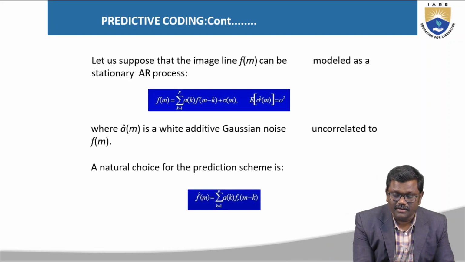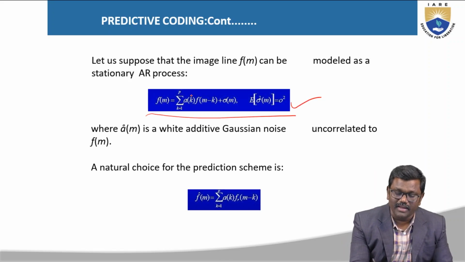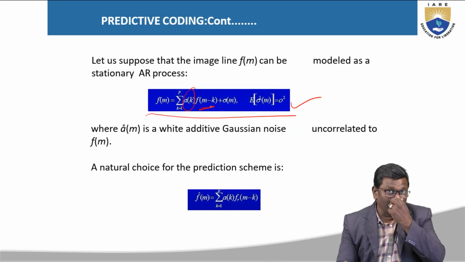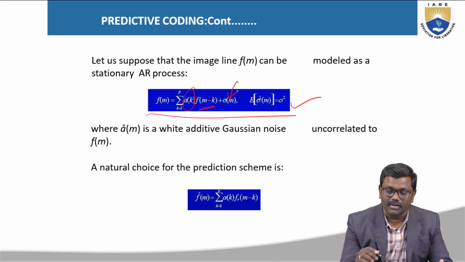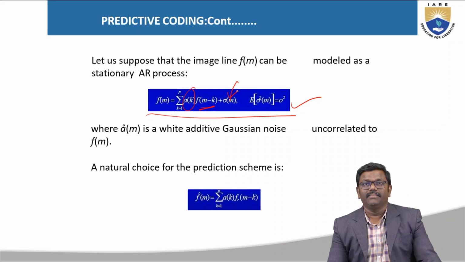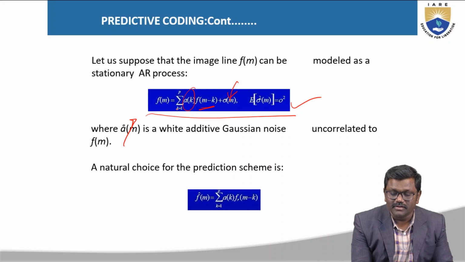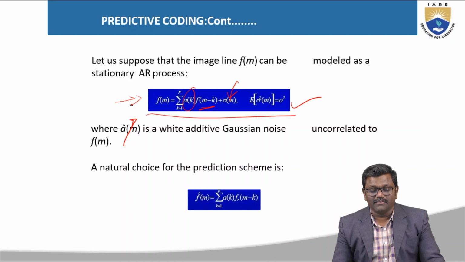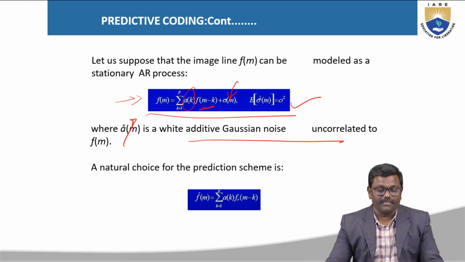Let us take the equation: f of m is equal to sigma of alpha of k, the learning factor, times f of m minus k, plus an additive Gaussian noise uncorrelated to f of m.